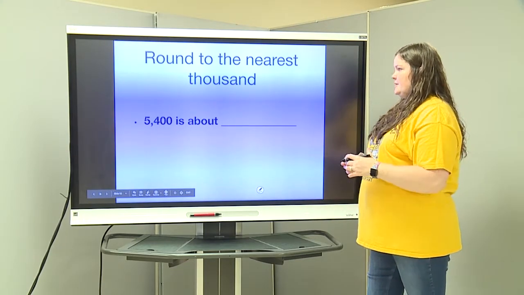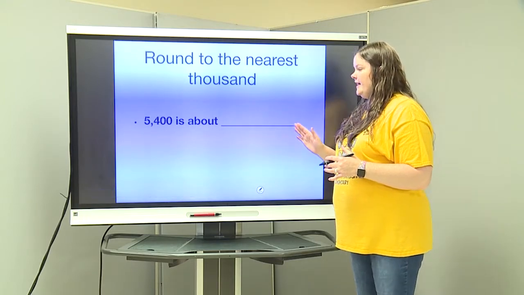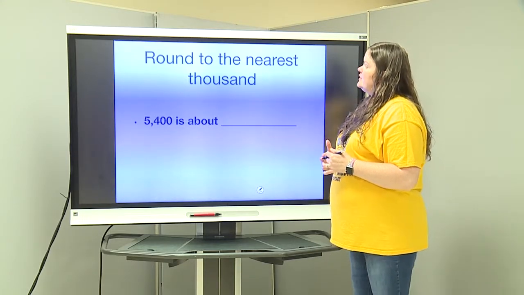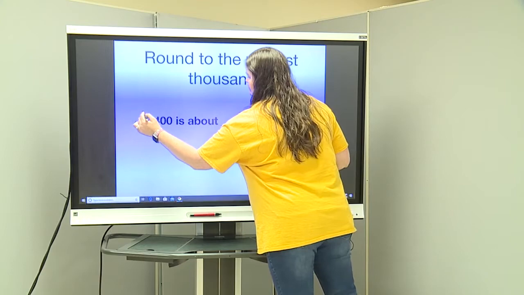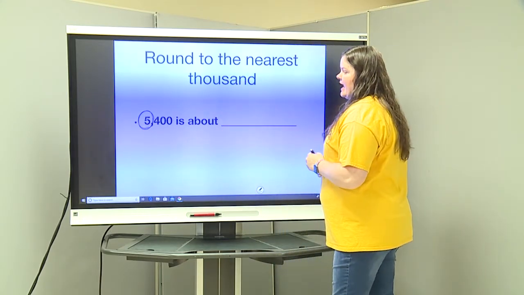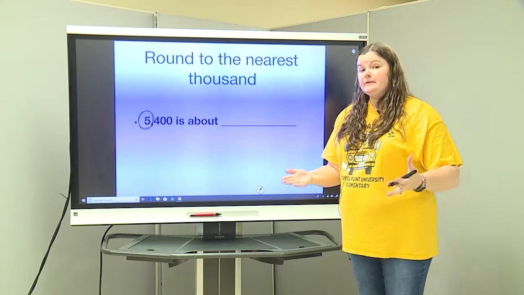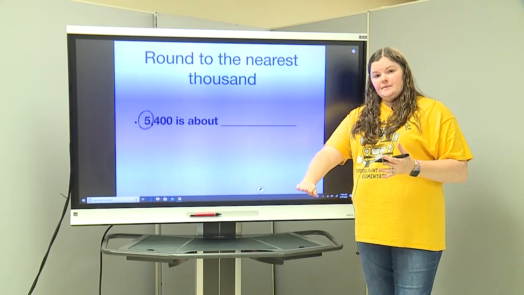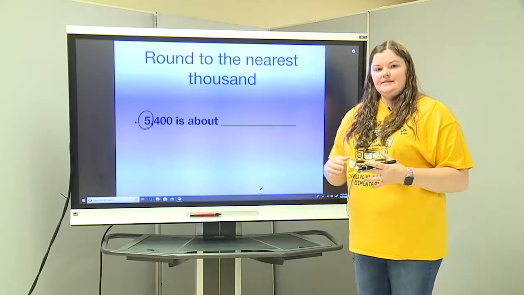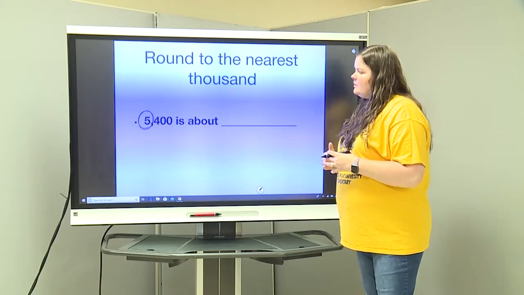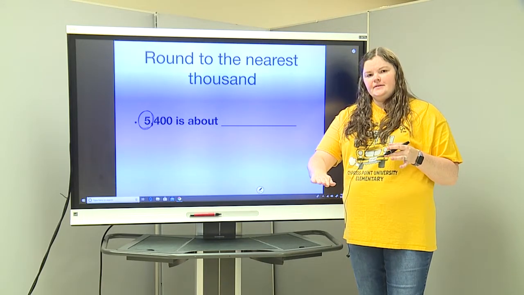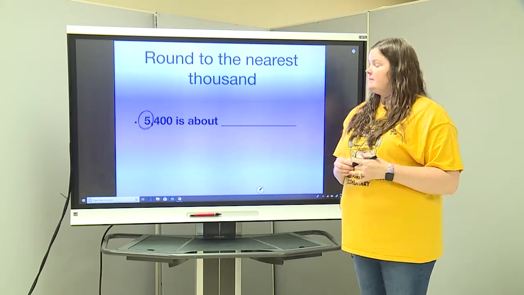All right, let's look at this one to the nearest 1,000. 5,400. What's in our thousands place here? We have 5 in the thousands place. Let's visualize what our number line would look like. We would have 5,000 at the bottom, 6,000 at the top. What would be our midpoint between 5,000 and 6,000?